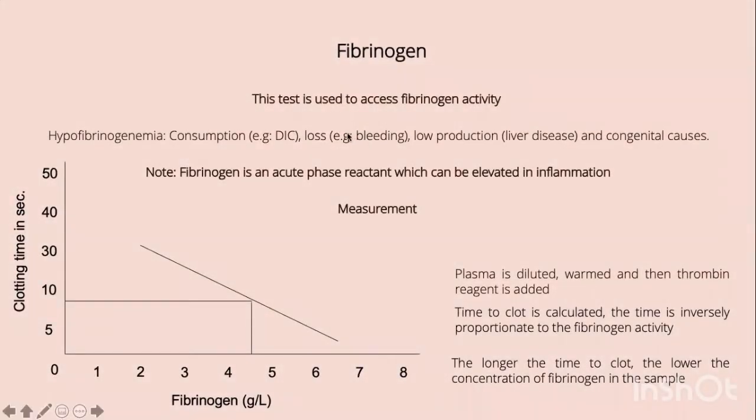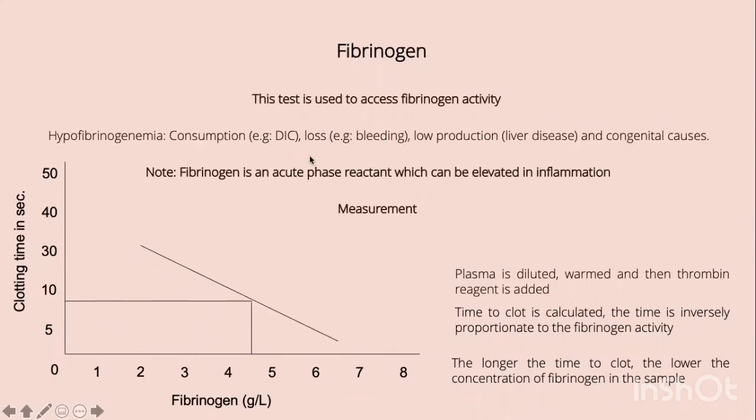Let's go to fibrinogen. Here the test is used to assess the fibrinogen activity. Let's see how this will happen. First, we need to know two pieces of information. The first one, what are the causes of hypofibrinogenemia? It can be consumption, like in DIC.